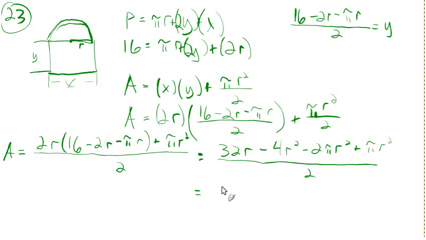And this is the same as 32r minus 4r squared. And then we have a pi r squared and a minus 2 pi r squared, so together they are just negative pi r squared over 2. So there is the equation for the area.